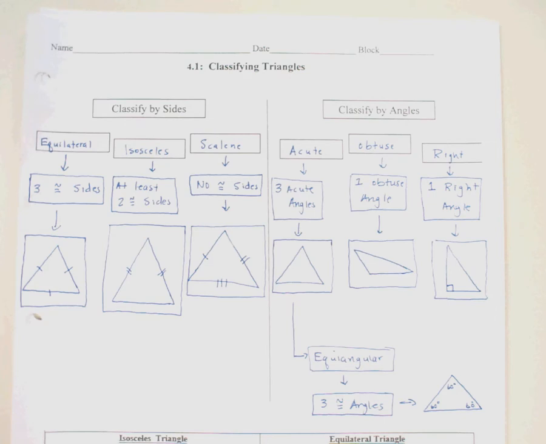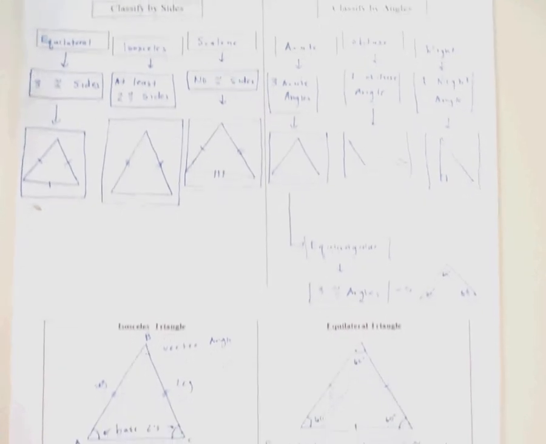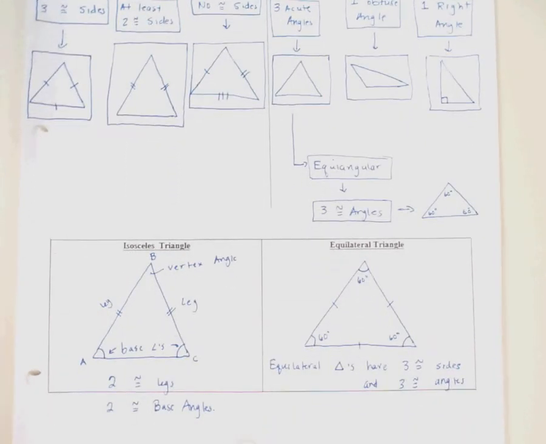Now let's look at 2 of our triangles in a little more detail, the isosceles triangle and the equilateral triangle. An isosceles triangle is a triangle with at least 2 congruent sides. We call the congruent sides the legs. The non-congruent side is called the base. All triangles have 3 angles.